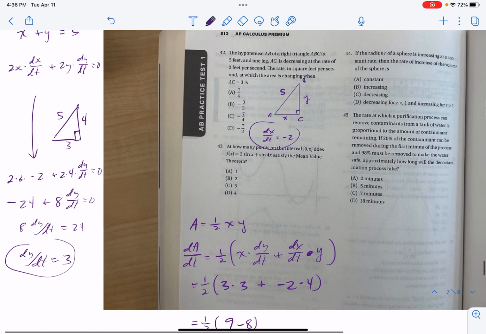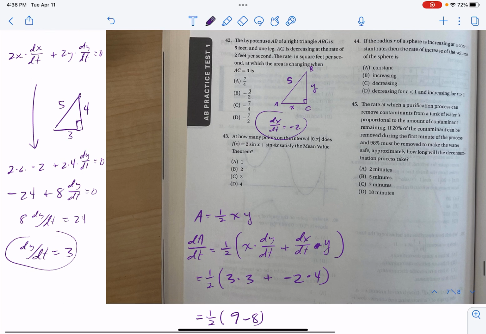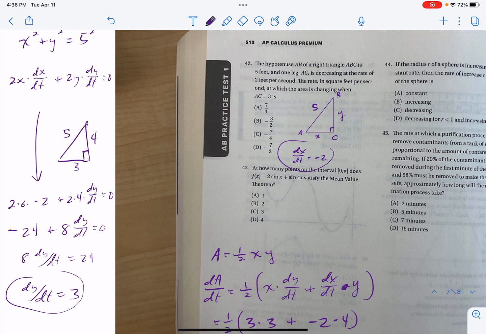So can I find my mistake? This happens sometimes. I'm doing these in real time, so if I am making mistakes somewhere, I might not catch it. Oh, okay.